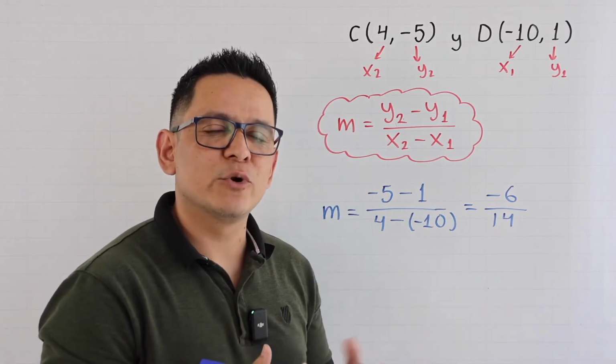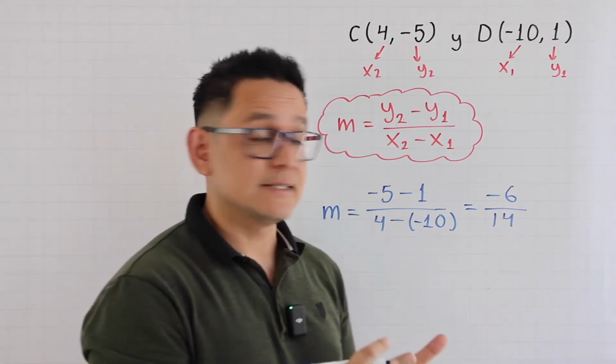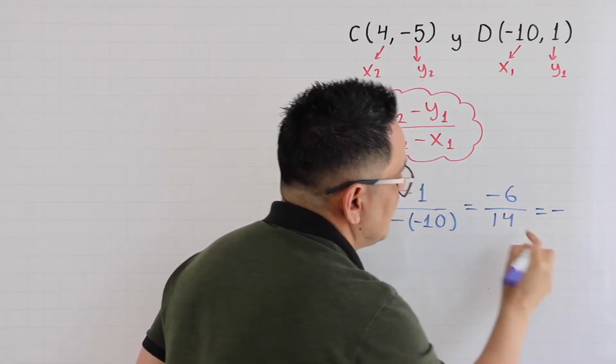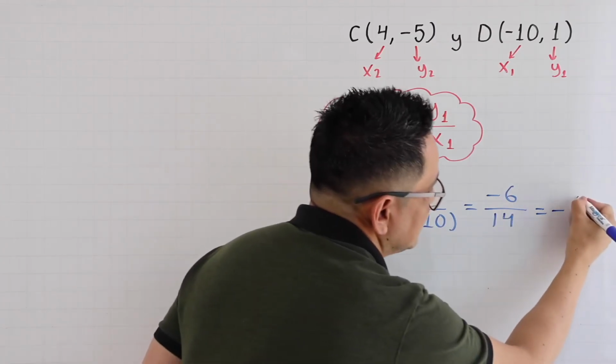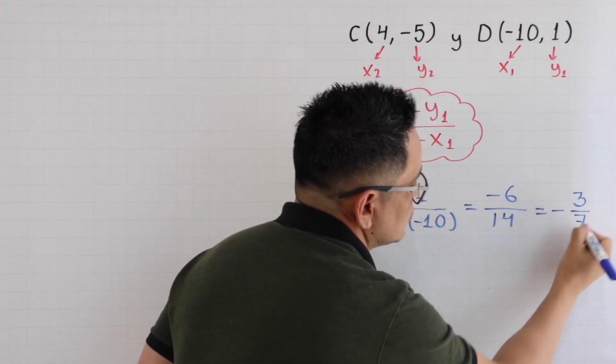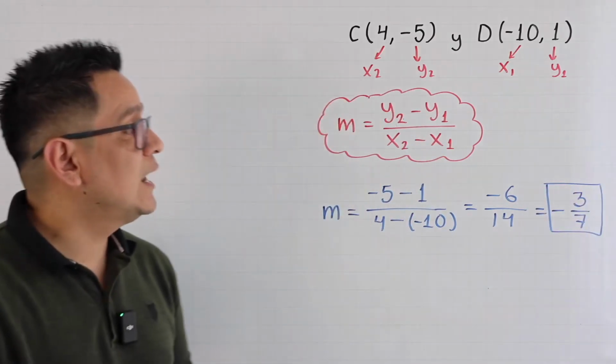Why do I say that? Because we'll end up with a decimal, but what we can do is simplify this fraction. Here we have that negative divided by positive equals negative, and we divide both numbers by 2. Half of 6 is 3, and half of 14 is 7. So I'm saying that the slope is equal to negative 3/7.